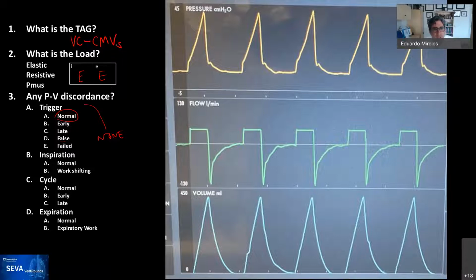So it falls under CMV, and it's set point because you set the flow that the patient is going to get over the inspiratory time, i.e. the volume that the patient is going to get. You set everything. It's the most basic targeting scheme that we have available.